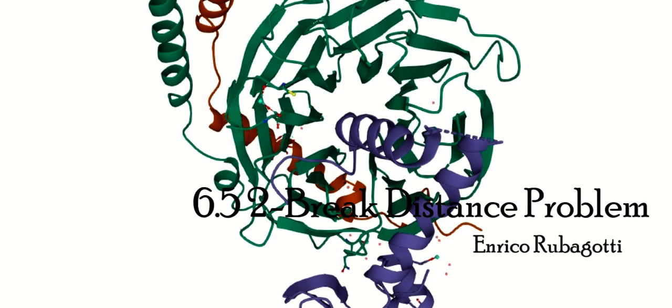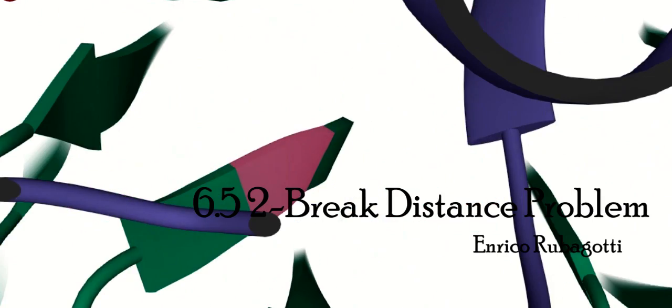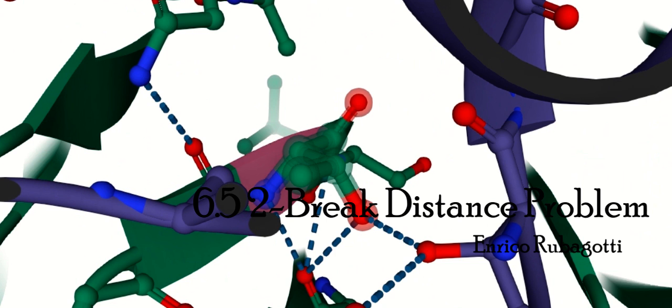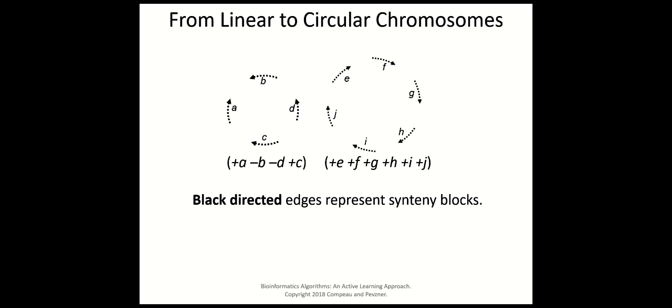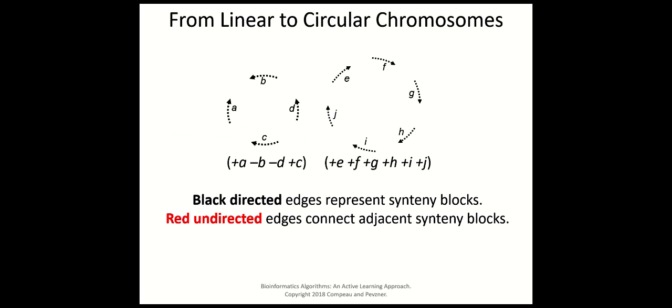In this video, we are going to describe the break distance problem. And now, we are going to speak about the two break distance problem. To do so, we pass from the previously linear chromosomes, as in mammals, to circular chromosomes.